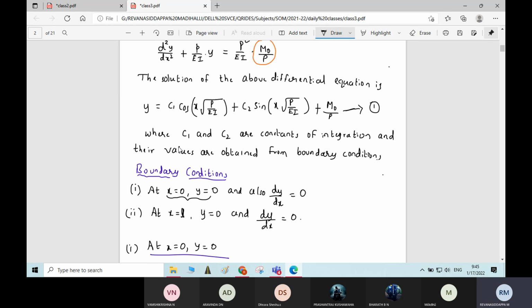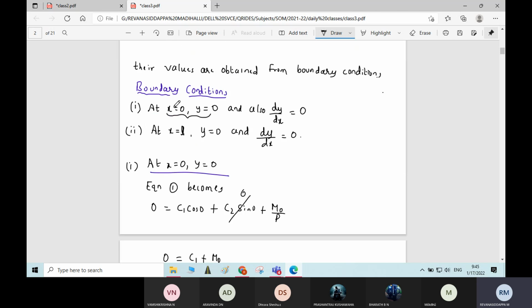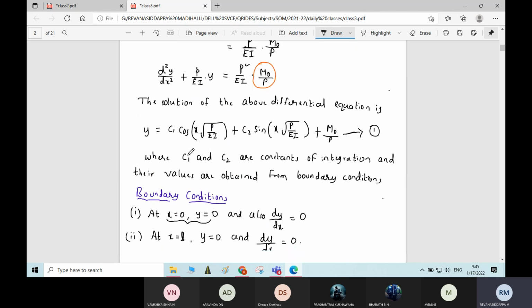So on the LHS we have y, that is dy by dx. It becomes dy by dx is equal to, what is the differentiation of c1 cos x root P by EI?